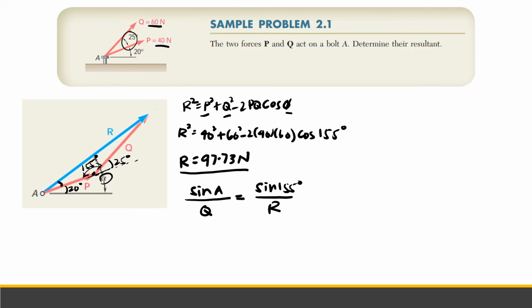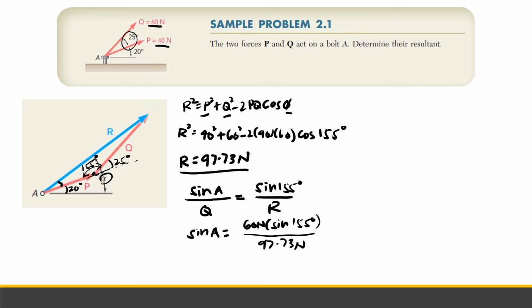We can solve this by transferring Q to the other side. So sine A is equal to Q, or 60 Newton, multiplied by sine 155 degrees over 97.73 Newton, our resultant.